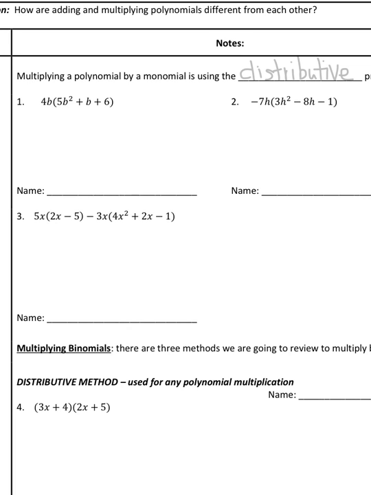We multiply with the distributive property, and a monomial, remember, is just one term by itself. So this first example, number 1, says 4b times 5b squared plus b plus 6, which means we're going to take this 4b and multiply it by 5b squared.